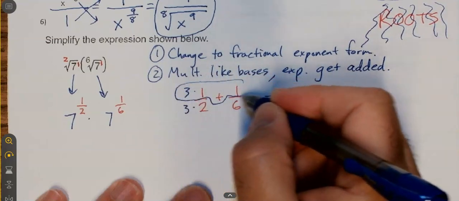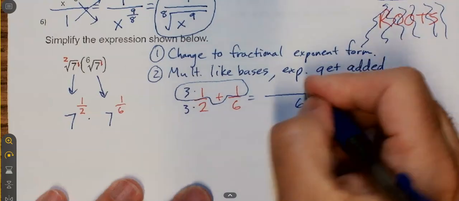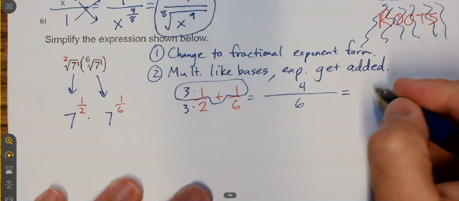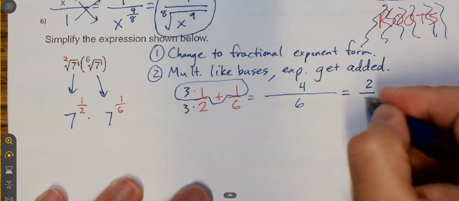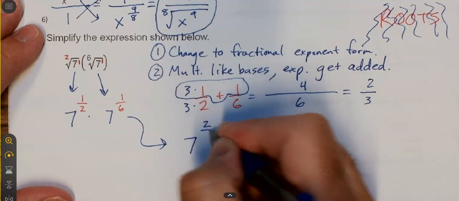What is 3 times 1 plus 1? 4. Can we reduce 4/6? 2/3. So this thing is 7 to the 2/3 power.